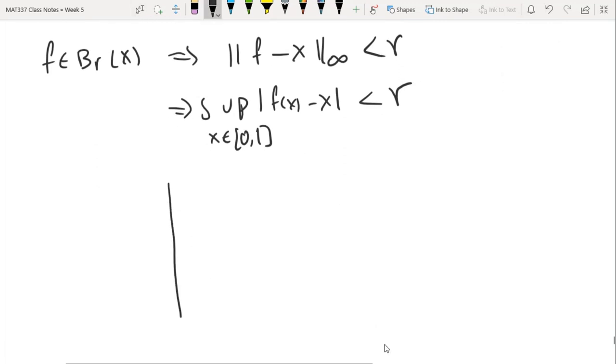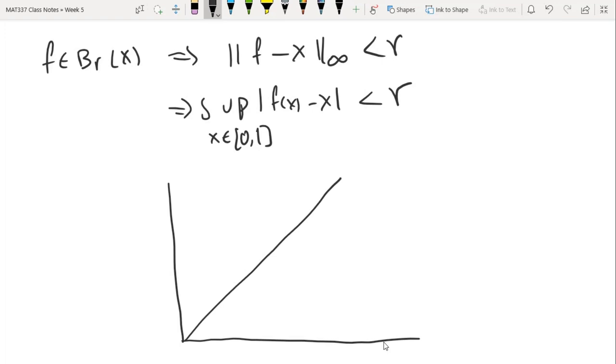Okay, so now let's draw the picture. So this is x. It's a little bit big. So this is x. And then, right, now you draw the ball in this way.